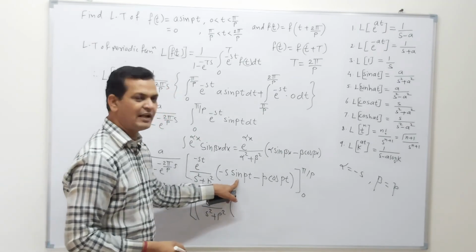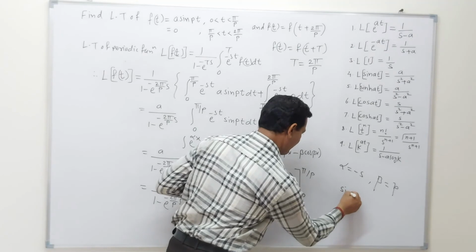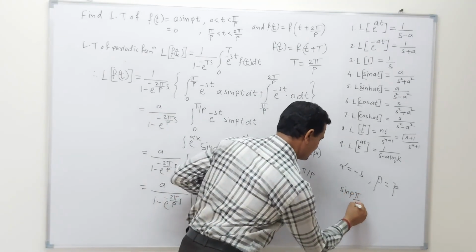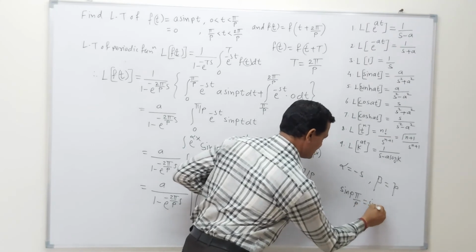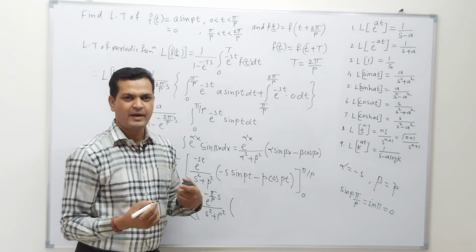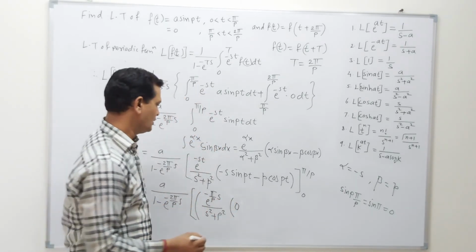So when we put the value of the upper limit for this term, we get sine of p into the value of t, which is pi by p, so we get sine of pi. We know that the value of sine of pi is 0, so the value of this first term is 0.